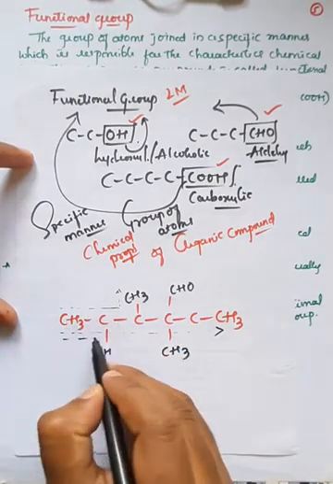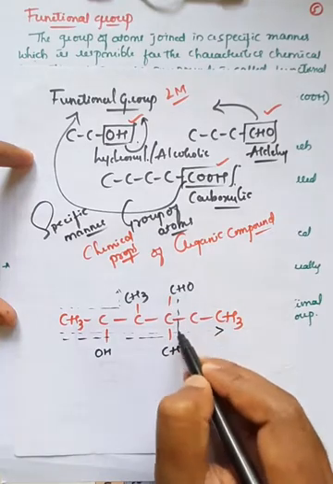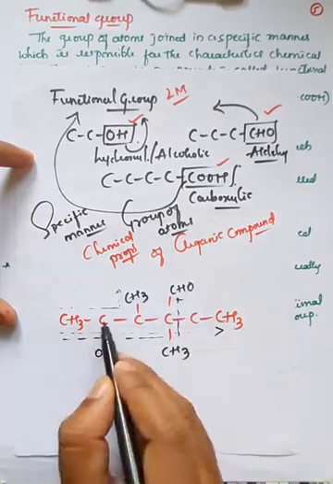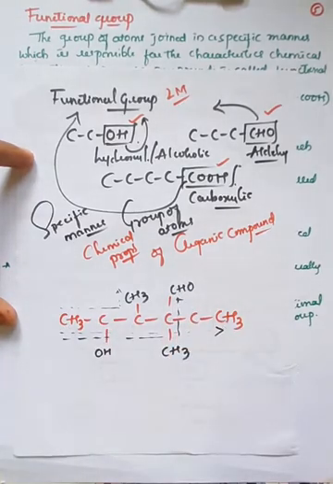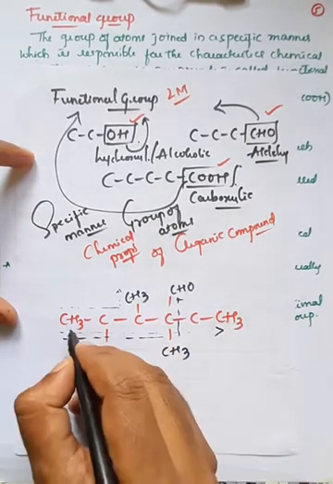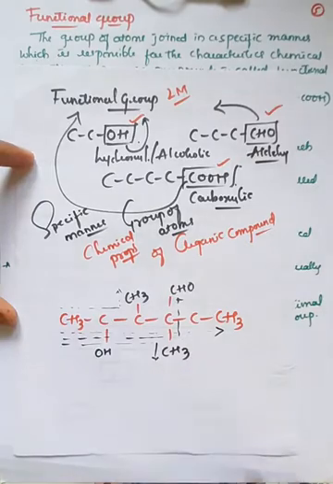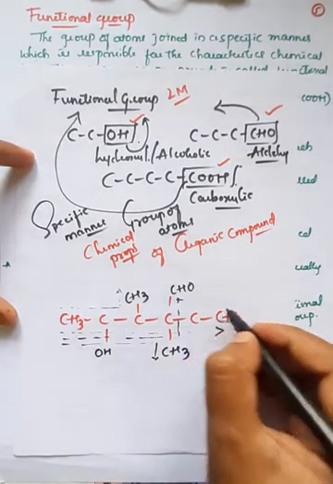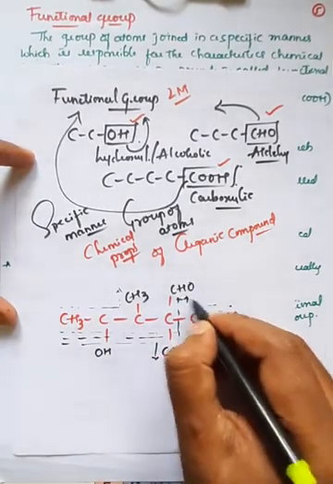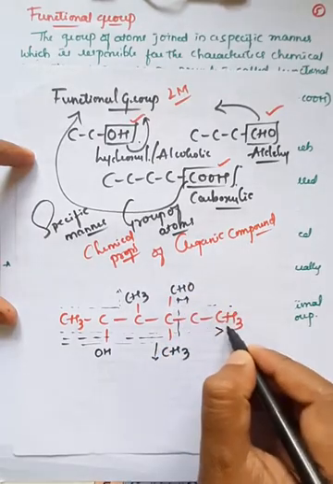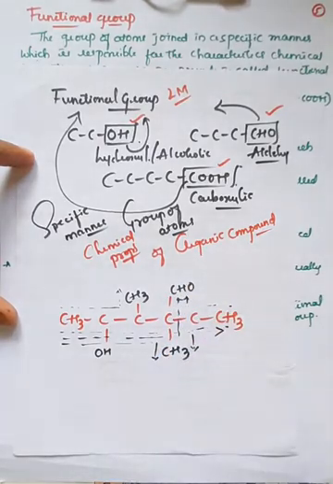Or if you go in this way, it consists of 1, 2, 3, 4 and 5 carbon atoms. Again, if you come in this way, it also consists of 5 carbon atoms. Or if you come from this side, this consists of 4 carbon atoms, and from this side also 4 carbon atoms.